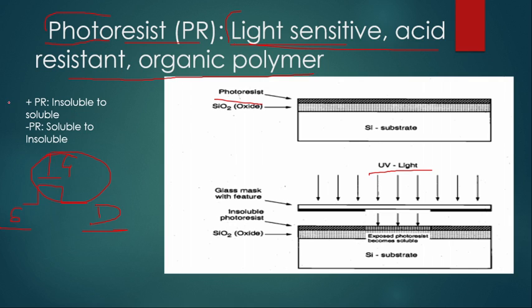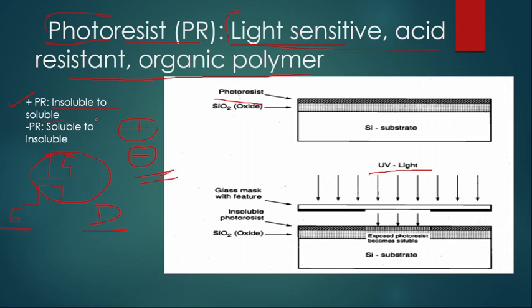There are 2 types of photoresist, positive and negative. Positive photoresist converts insoluble material to soluble. See, there are 2 types of people. One has a positive approach, and another has a negative approach. The positive thinking people always think all the impossible things are even possible, but the negative people assume all the possible things are even impossible.